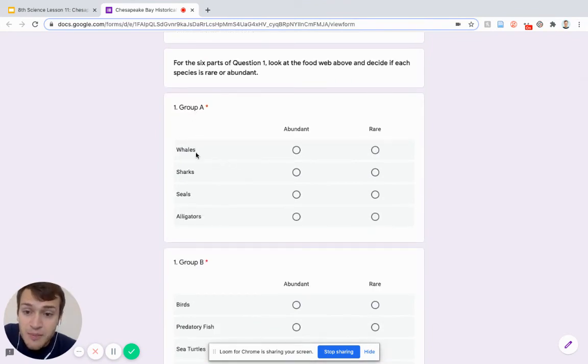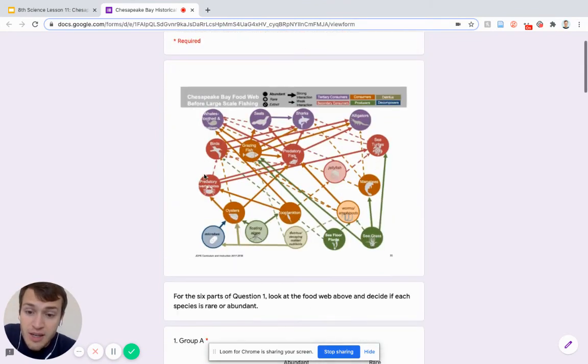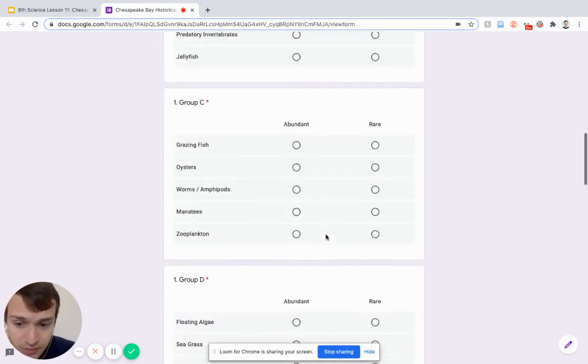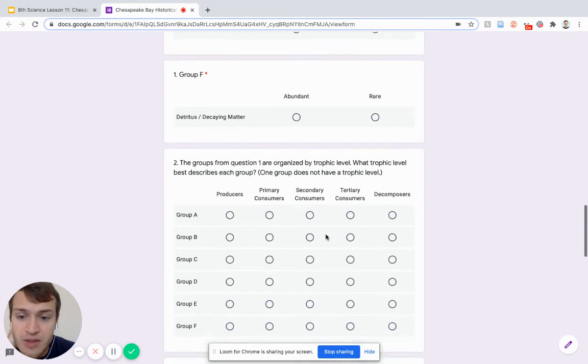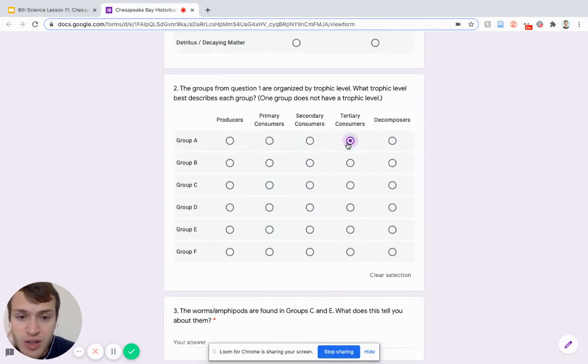Group A is whales, sharks, seals, and alligators. These are grouped together because they are all tertiary consumers. You can see up here it tells you tertiary consumers. These are the top predators. So you would choose tertiary consumers.